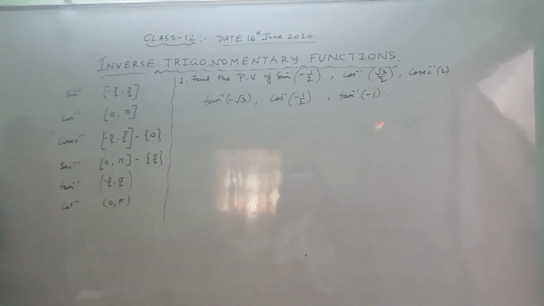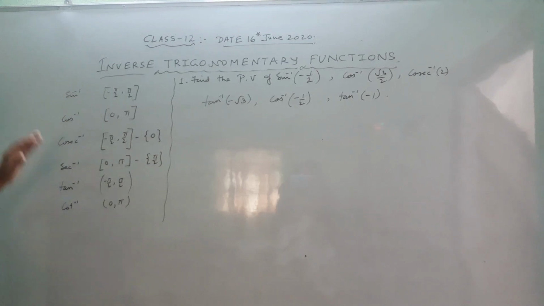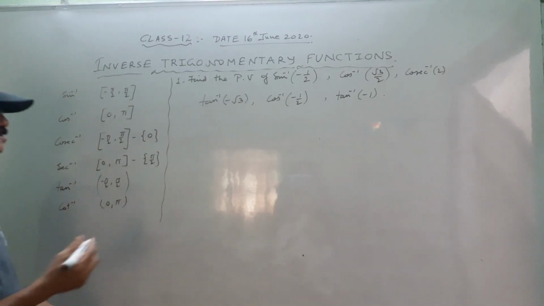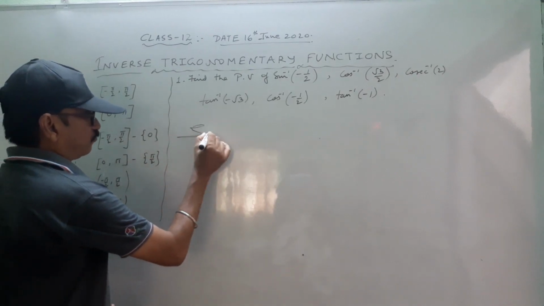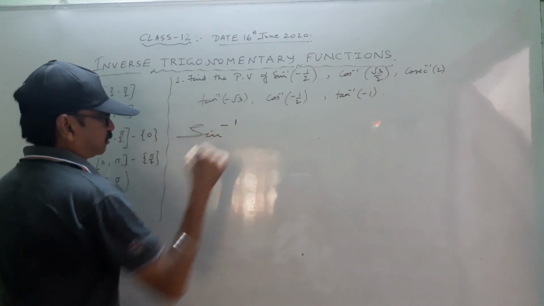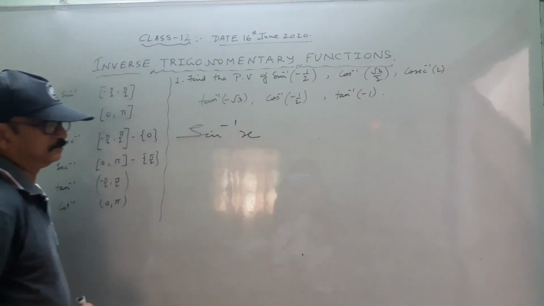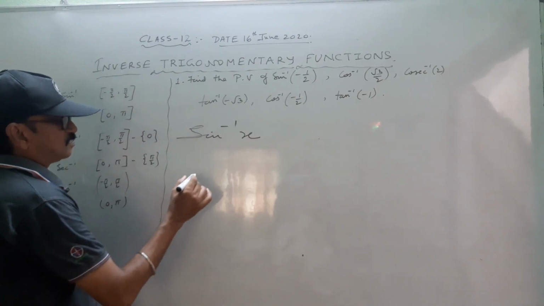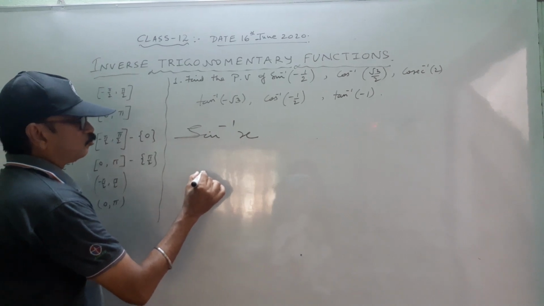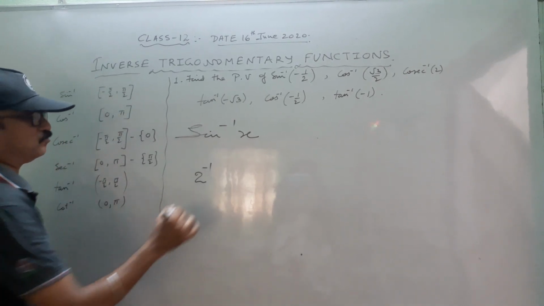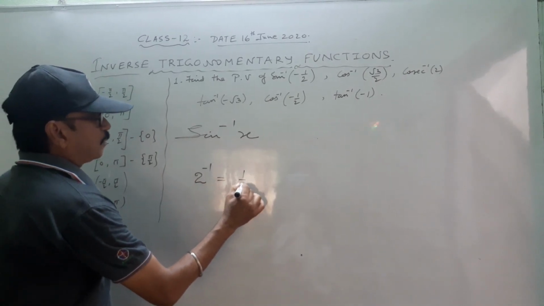So, as I have given in the WhatsApp the range, let me tell you one thing about the sine inverse trigonometric function, sine inverse of x. In the previous classes, 2 to the power minus 1, 2 inverse, we write as 1 by 2.